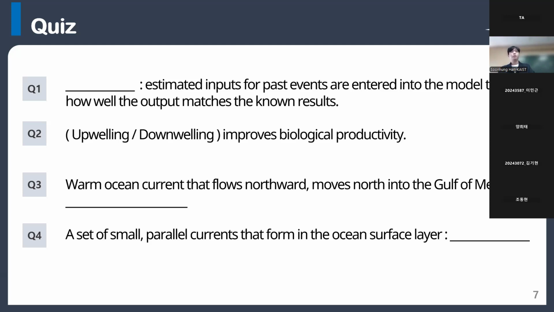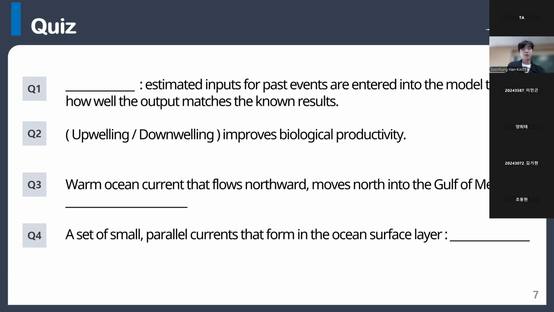It could be, but in general, it provides water into the shore, so that might be a good effect for the biological nutrients. So it's upwelling for the general case.